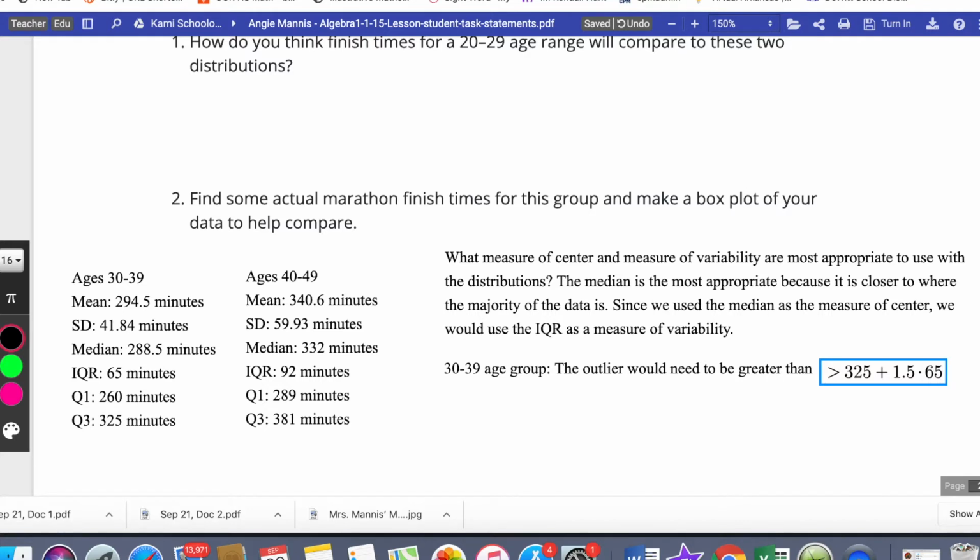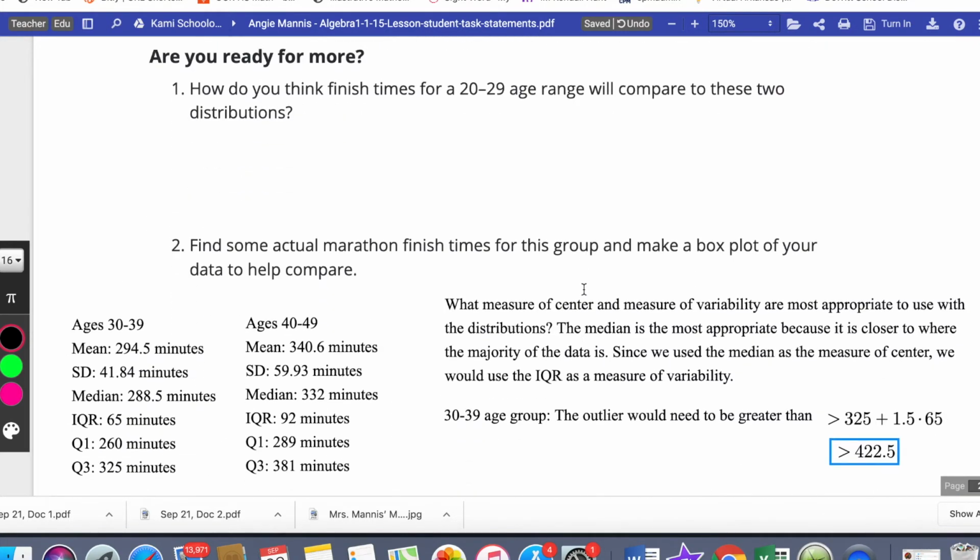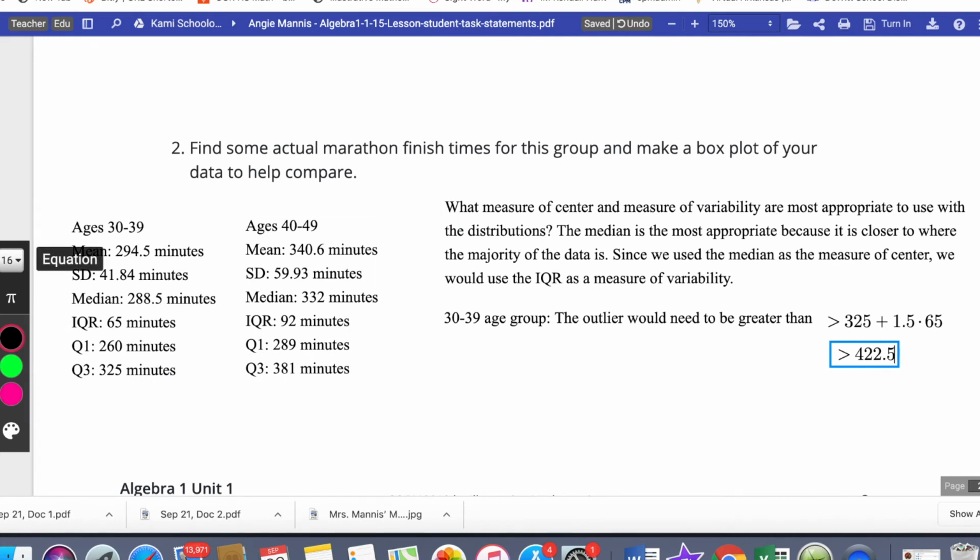Remember, order of operations: you would do 1.5 times 65, and then add 325 to that. So it needs to be greater than 422.5. Looking at the 30 to 39 age group, the largest value looks like 380. So no, there would not be any outliers for that one.